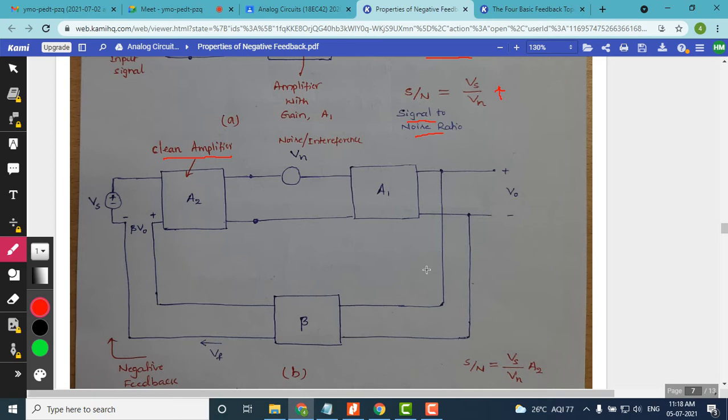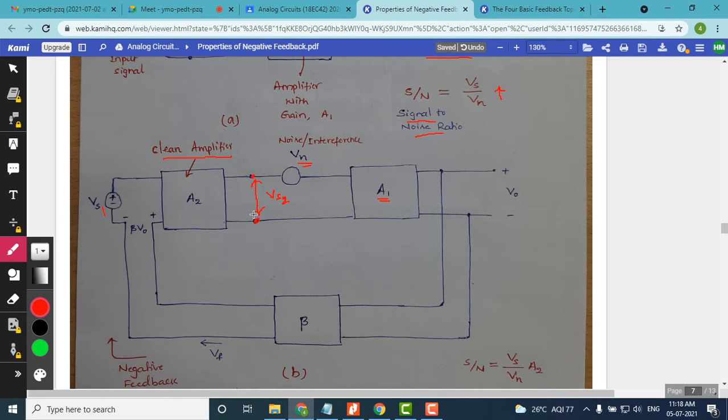I hope you understand this diagram. I repeat once again, there is a basic amplifier which we have shown, already discussed, and there is a noise which is getting added here to the signal which is coming here. Here we have a source signal which you can call Vs1, and this you can call Vs2.